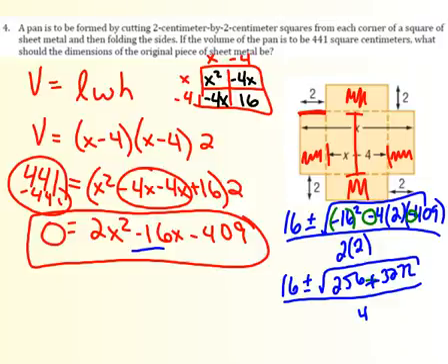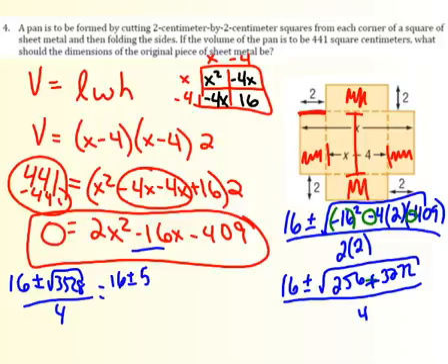3528. So I'm going to have 16 plus or minus square root 3528 over 4. Square root 3528 is going to give me 16 plus or minus 59.4.